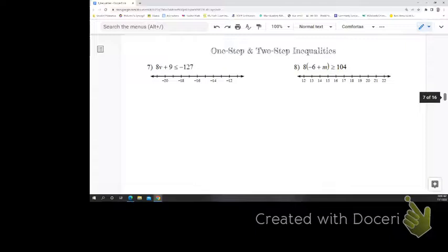So for number 8, for example, I'm going to distribute. And for some of these, there may be other ways you could do the problem, but I think for most of us, we usually distribute first. Then I'm going to add 48.